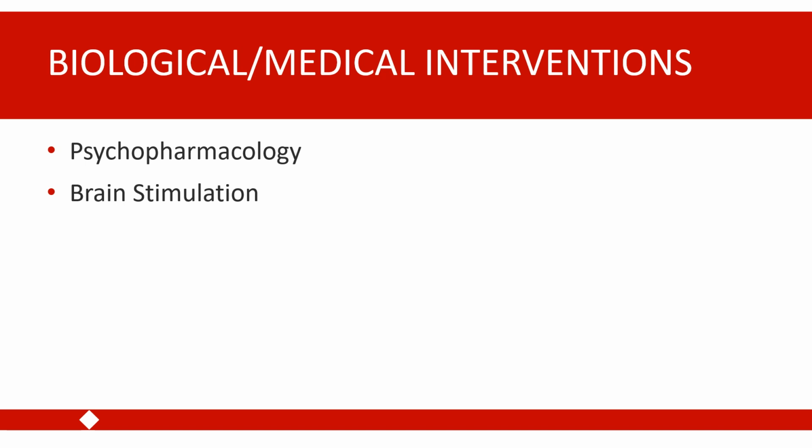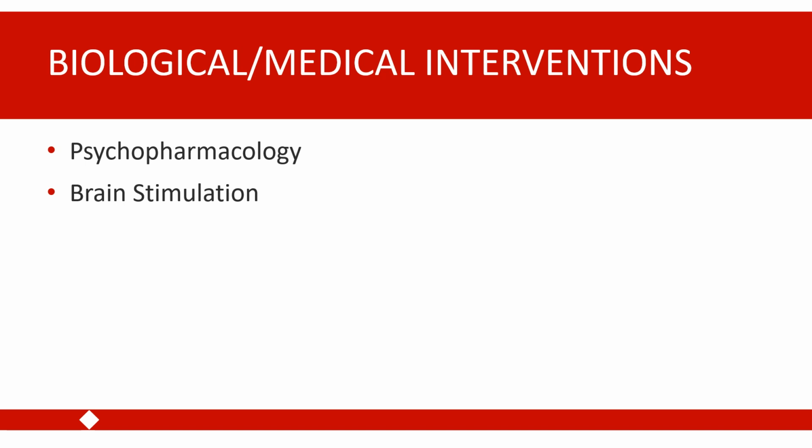So electroconvulsive therapy has been used as a treatment for treatment-resistant depression, so individuals whose depressive symptoms have not responded well to other kinds of interventions, and is also being explored as an effective treatment for a range of other disorders.